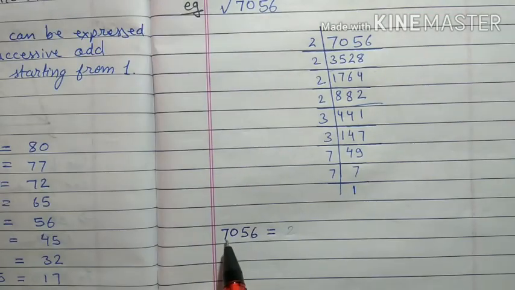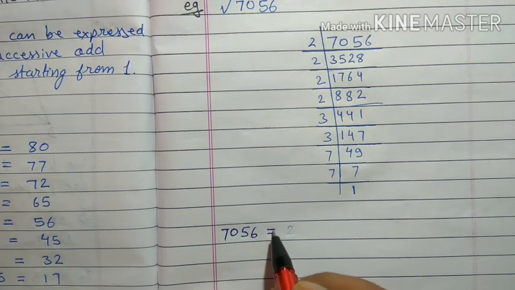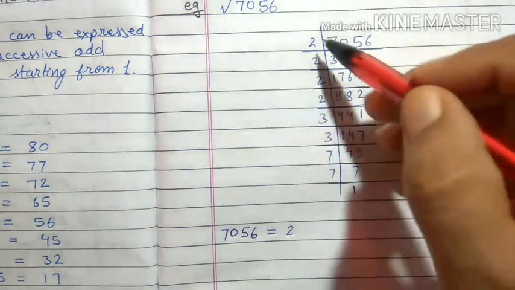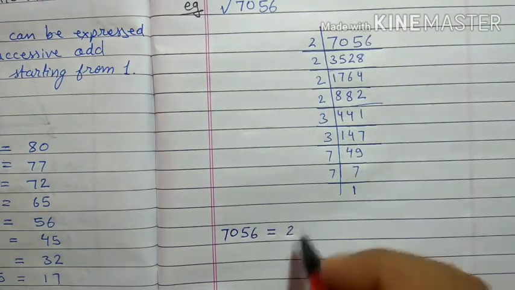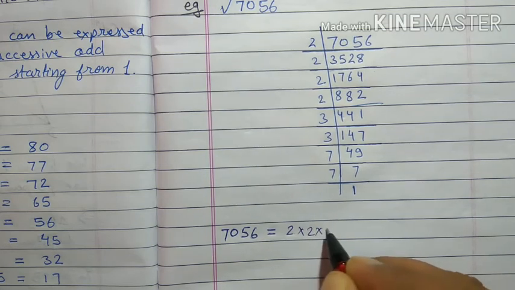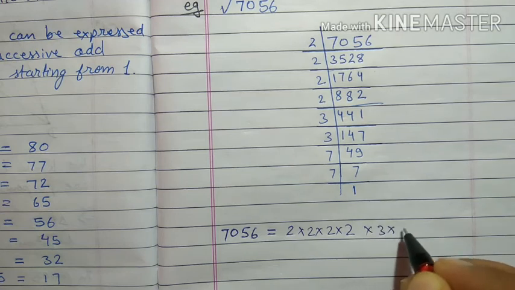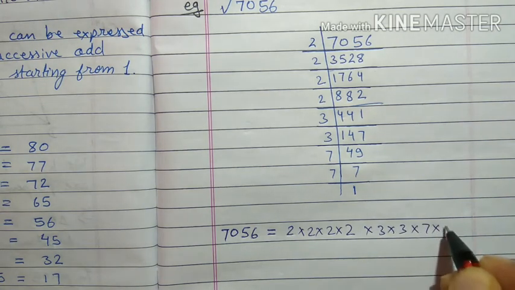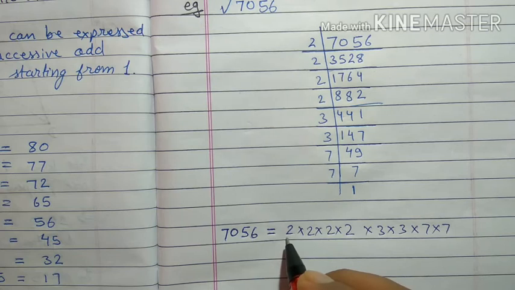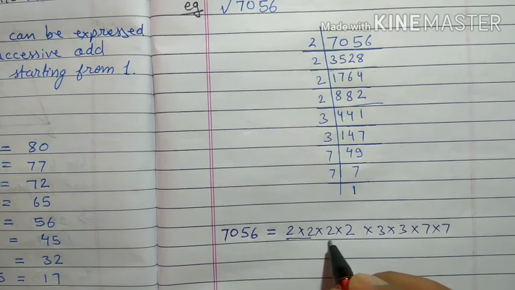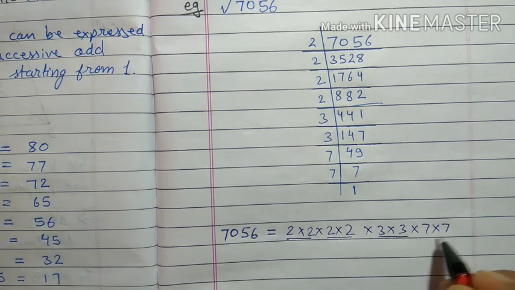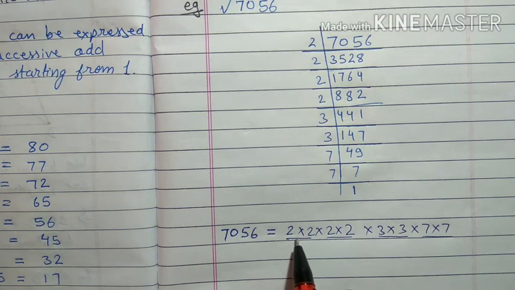Then what to do next? We'll write 7056 as 2 into 2 into 2 into 2, that means 4 times 2, then into 3 into 3, and then into 7 into 7. We'll take the pairs and we get 4 pairs: one pair is 2 into 2, another pair is 2 into 2, another 3 into 3, and another 7 into 7.